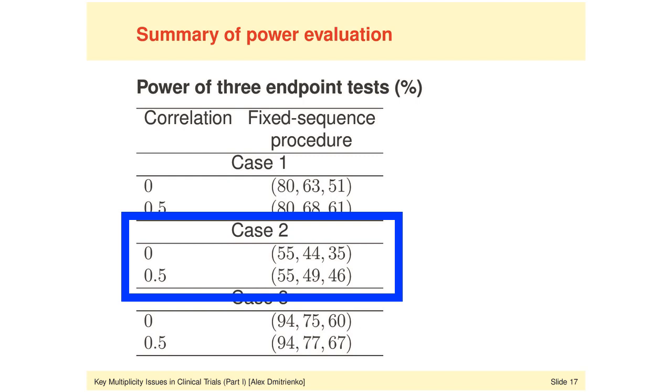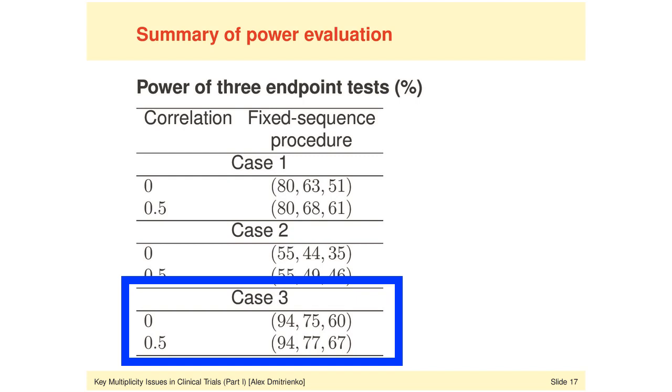And finally, with case 3, we see here that when the monotonicity condition is met, because the first endpoint is overpowered, the fixed sequence procedure performs actually quite well. There's only a bit of power loss for the second endpoint.